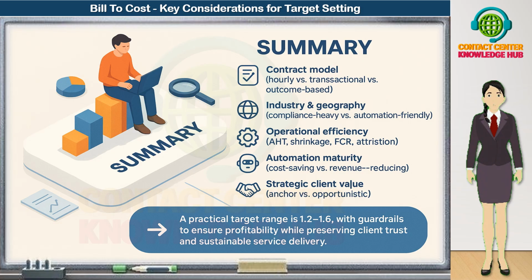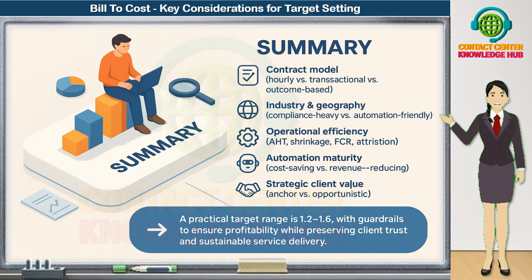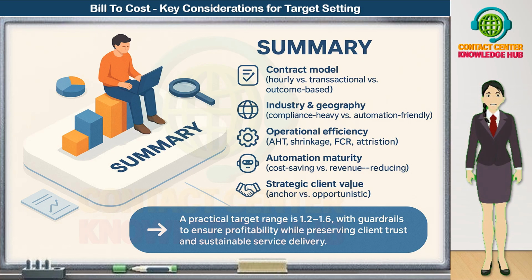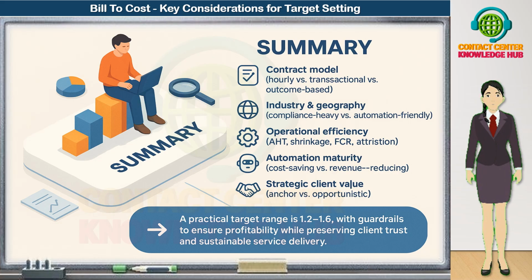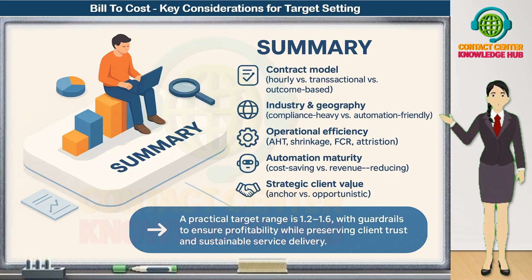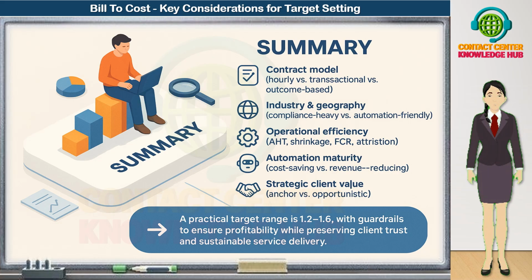Key takeaway: a practical and sustainable bill-to-cost target range is typically 1.2 to 1.6. This range helps ensure healthy profitability, operational resilience, and strong client trust, while supporting long-term, scalable service delivery. Bill-to-cost isn't just about numbers, it's about balancing value, sustainability, and strategic partnership.